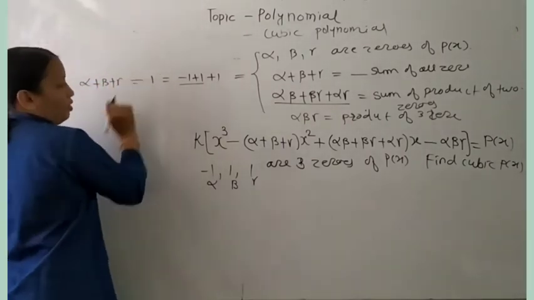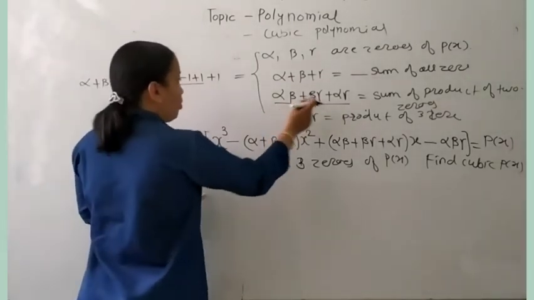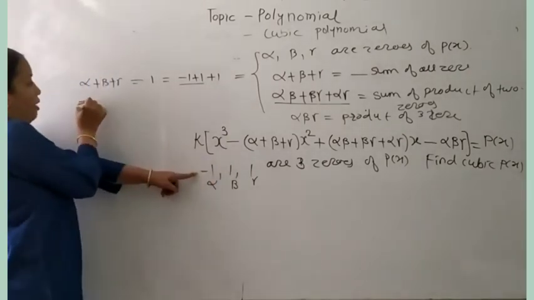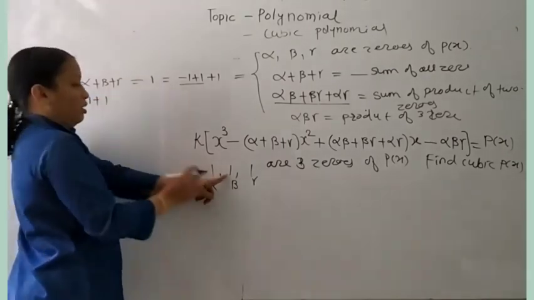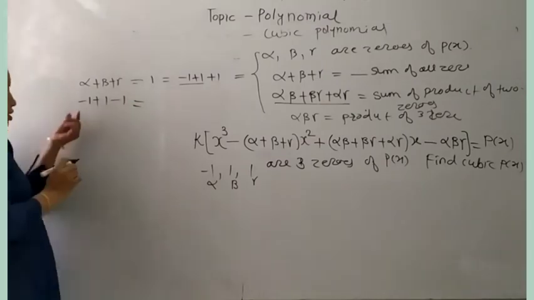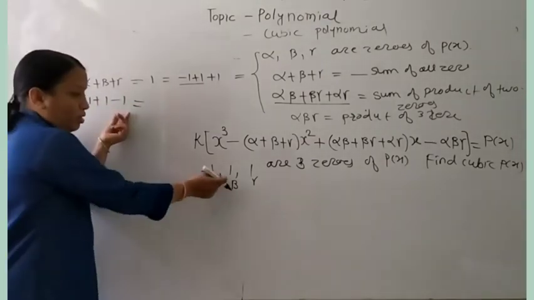Now for this example, what is alpha into beta, beta into gamma? Now alpha into beta, that is -1 into 1, -1, 1 into 1 +1, and 1 into -1, that is -1. This is alpha beta, this is beta gamma, and this is alpha gamma.